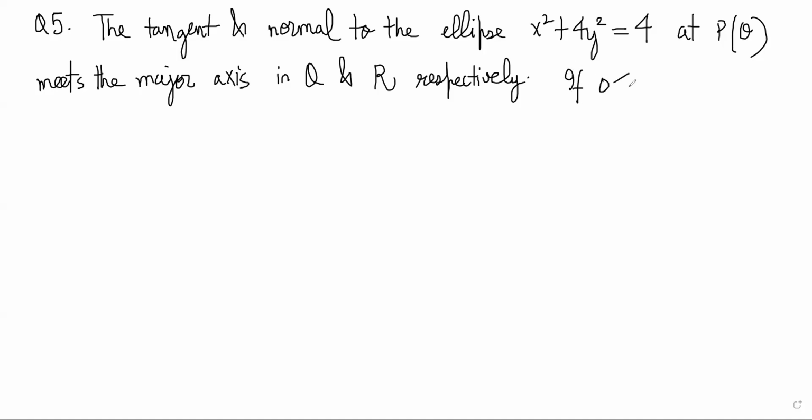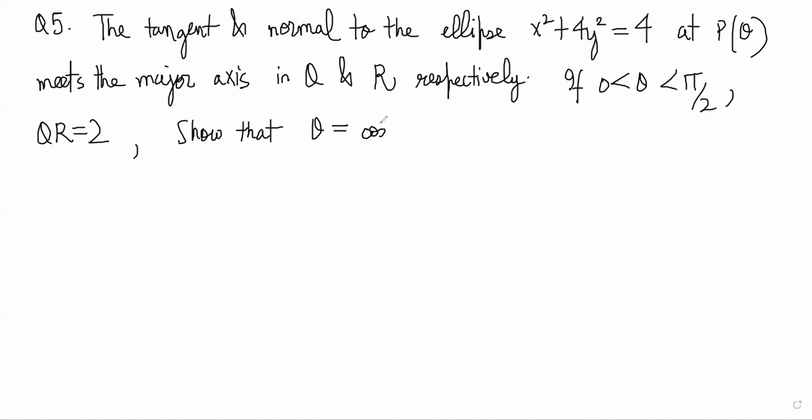If 0 is less than theta is less than pi by 2 and QR is equal to 2, then show that theta is equal to cos inverse 2 by 3.